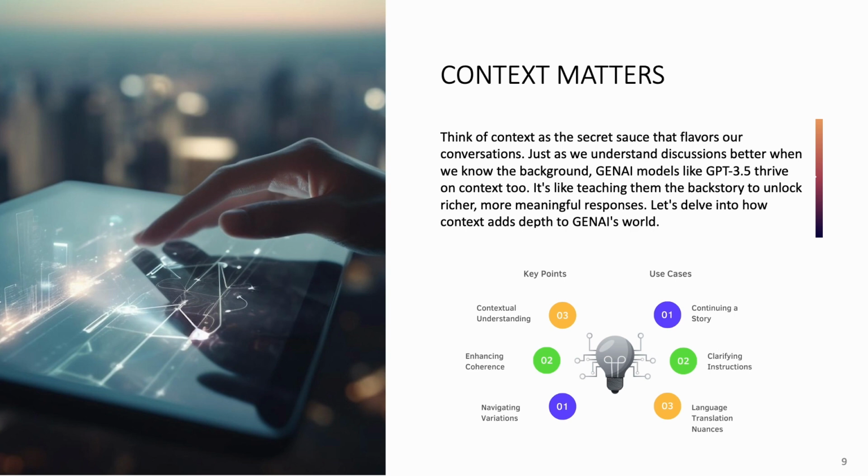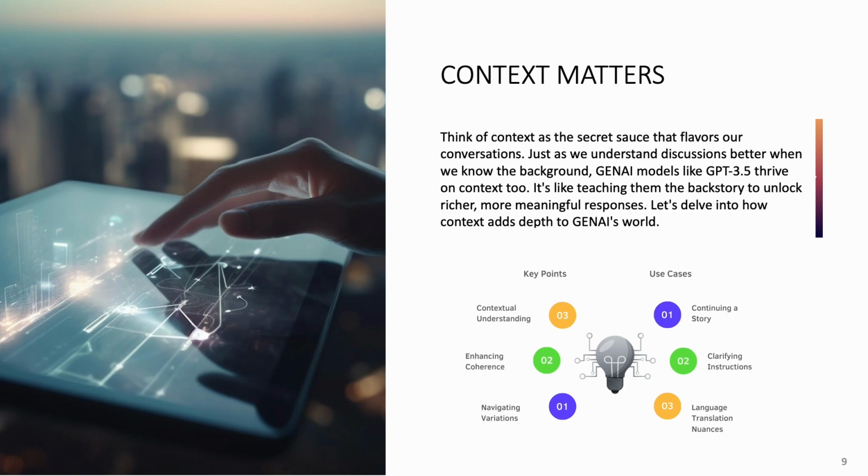If I know the background story of something, then I can tell it better. It's the same with generative AI models, so we train the models accordingly. ChatGPT is trained on a multi-source data set and has all the context around those topics. So if I say I want to create an essay, it will provide me the essay because ChatGPT is trained on that context.